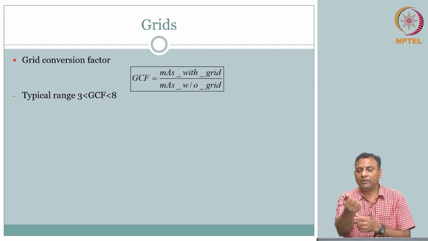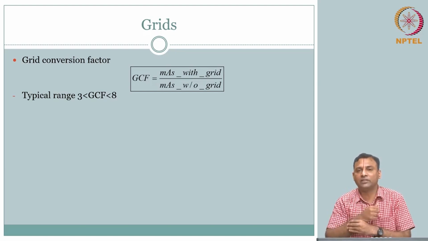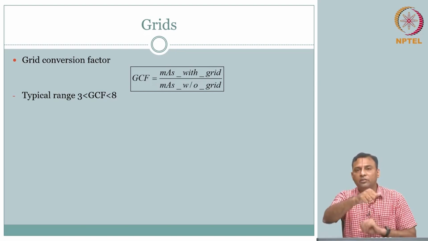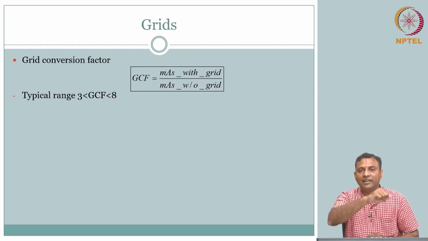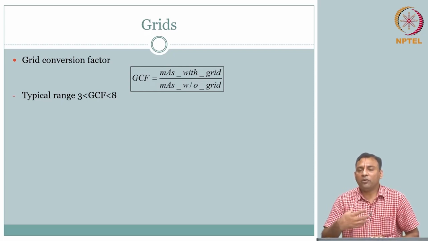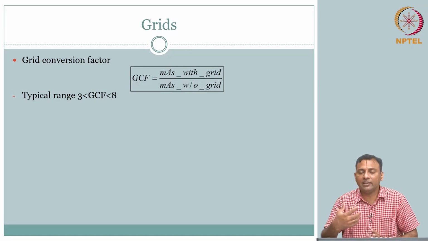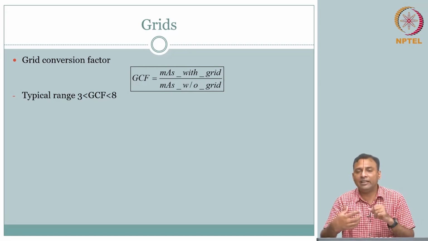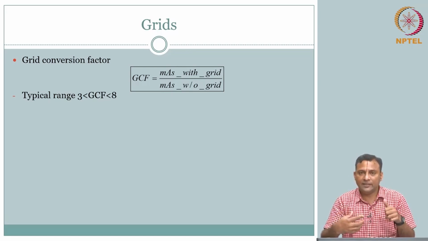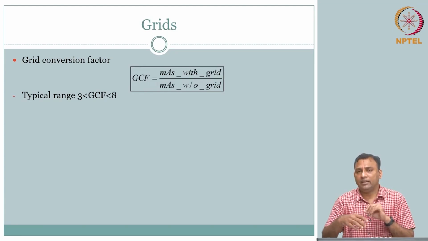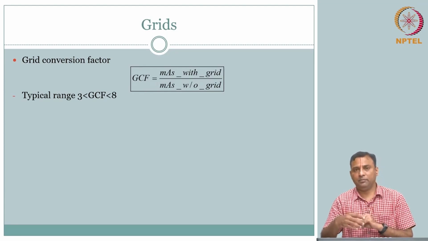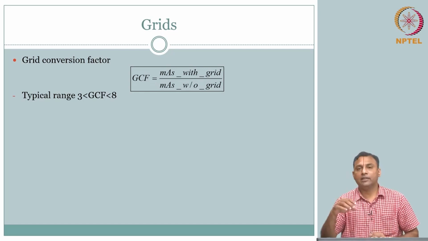The depth is 2, 3, 4 centimeters, something like that. You don't gain much. At least they have found that it is not worth having a grid conversion factor and increasing the exposure, because the Compton scattering itself is going to be less, because the thickness of the material is less.